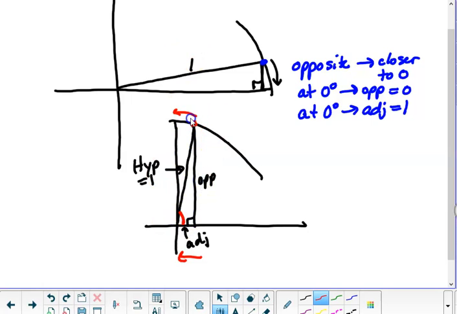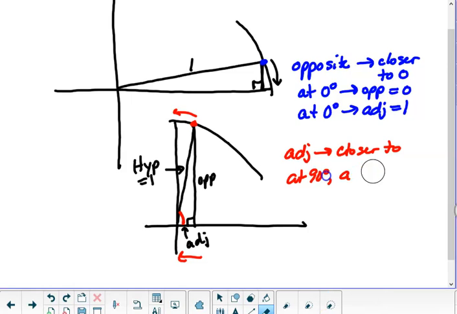The opposite side is going to get bigger and bigger until at 90 degrees. So I'm going to write here the adjacent side is getting closer to 0. And at 90 degrees, the adjacent side equals 0.